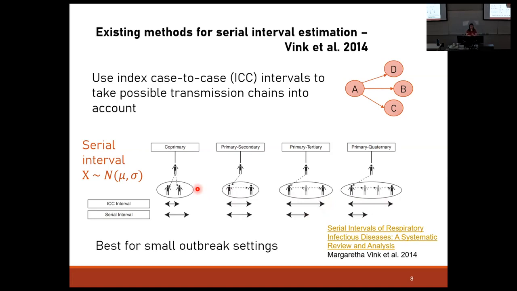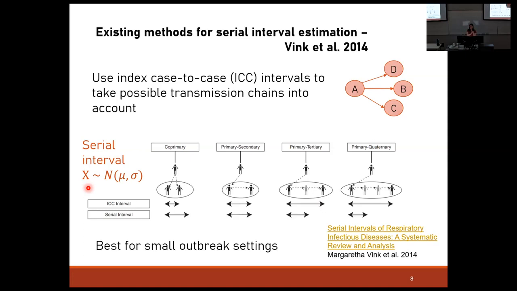And by considering each of these four methods, they use a mixture model to estimate the serial interval, which I've included here. They assume it to be normal. Yeah, I was going to ask about that. Yeah, so they, and we'll see in a minute, do assume positive serial intervals. Obviously you can have negative ones, if the infectee gets symptoms before the infector.